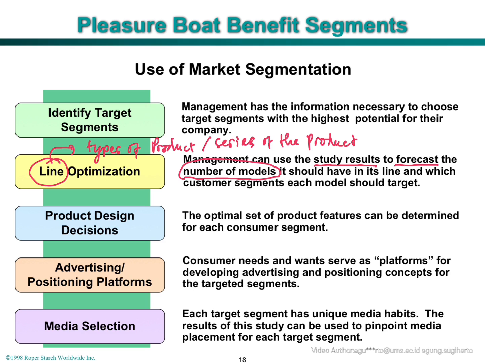The number of models means types of product, series of product. You know about this? Samsung has series of their products in every issue. For example, they have the A series, the S series, the Note series. So this is the line of the product in the context of product segmentation.